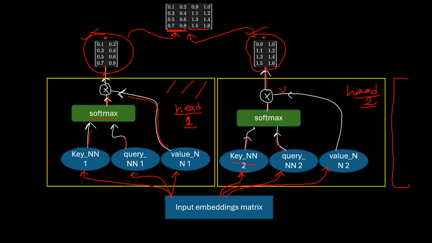So this is how it is interpreted. Usually in practical attention networks, several heads are used, like 8, 16, or even more in the latest attention networks.